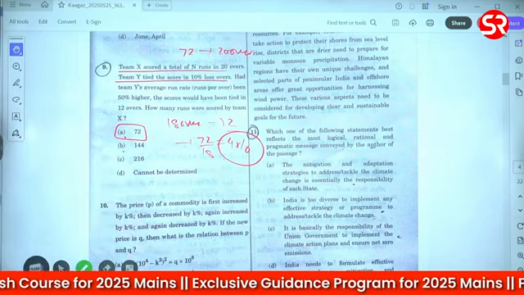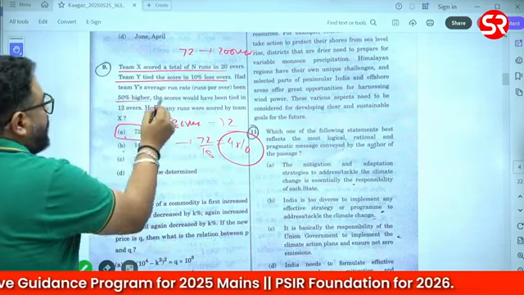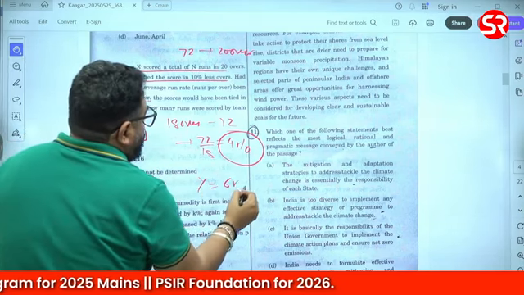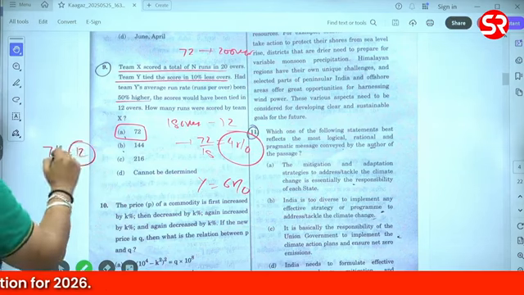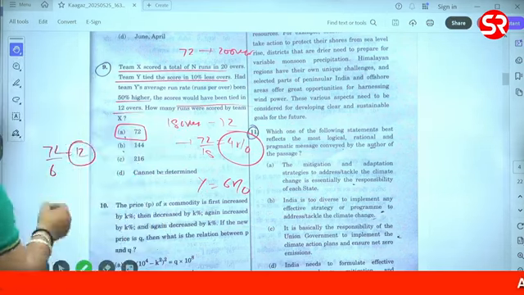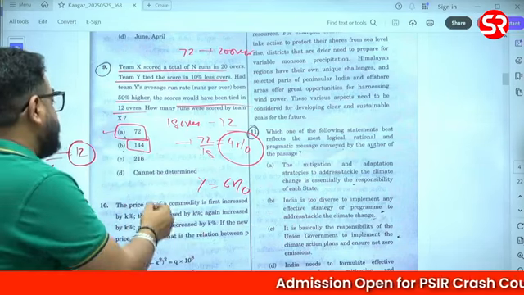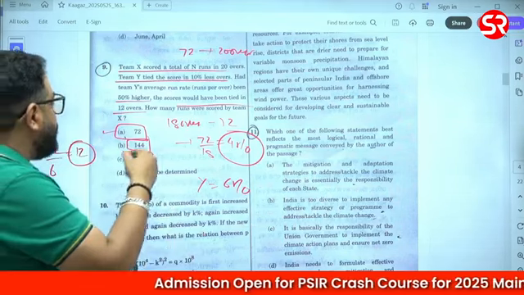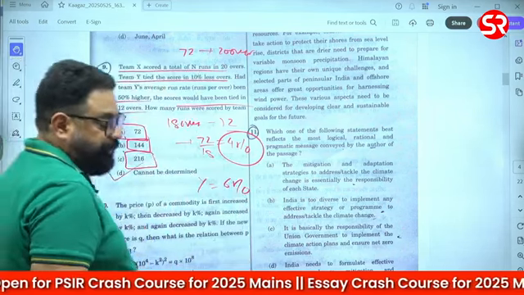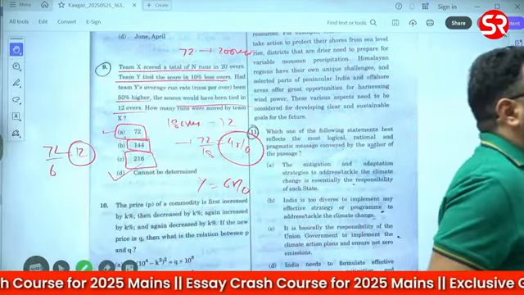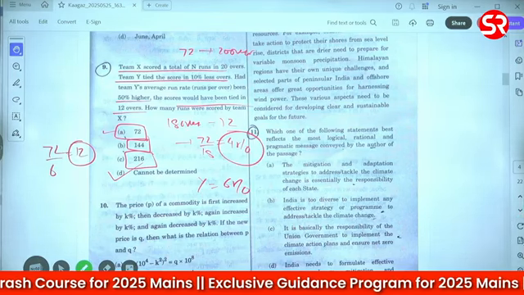He says had team Y's average run rate increased by 50% higher. तो Y का अगर वो 6 runs per over कर दे, is 72 by 6, 12 overs have been tied in 12 overs. तो इससे चल रहा था, पर 144 से भी चल रहा था. Every answer was giving you same thing, 72, 144, 216. Everyone was giving you those same things, so cannot be determined. So even if you're checking the options, guys, you can check all the options. Got it? You should check all the options.